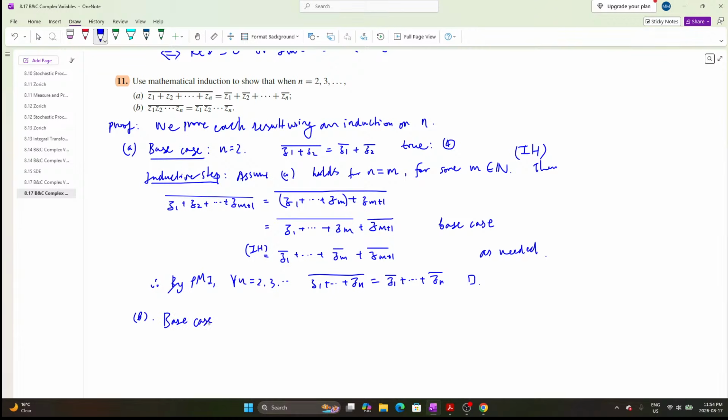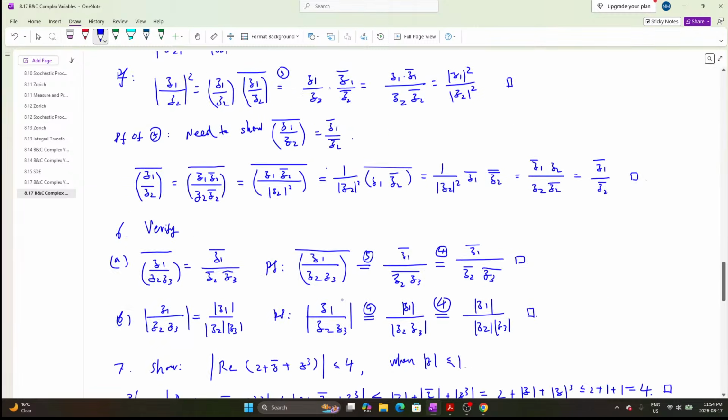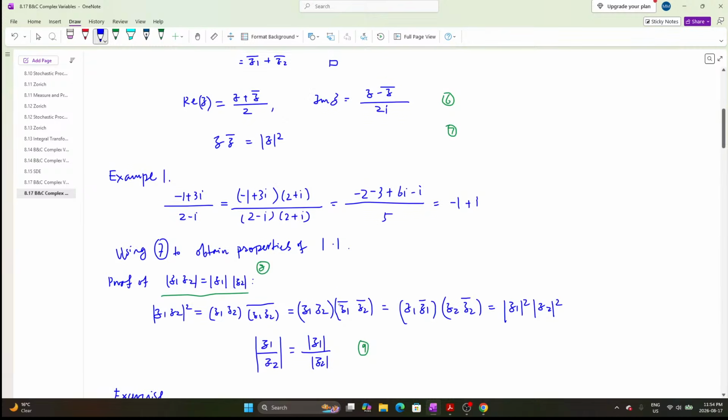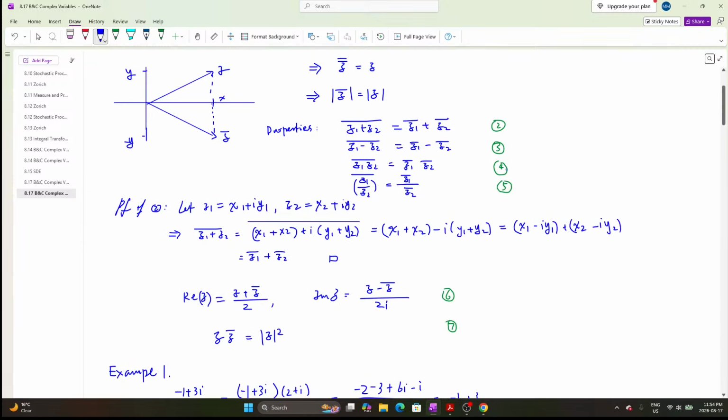Base case, once again, n equals 2: z1 times z2, quantity conjugate, is z1 conjugate times z2 conjugate. That's exactly which property over here? That's property 4.